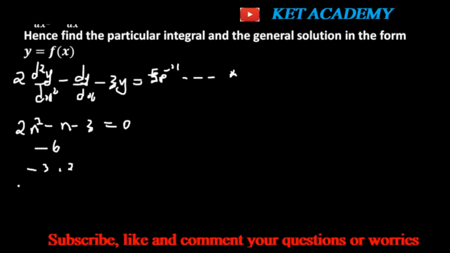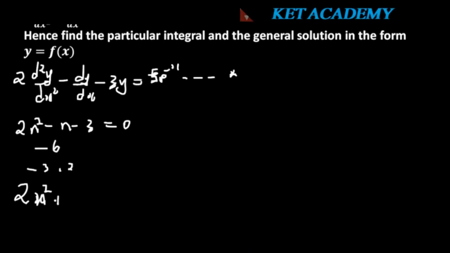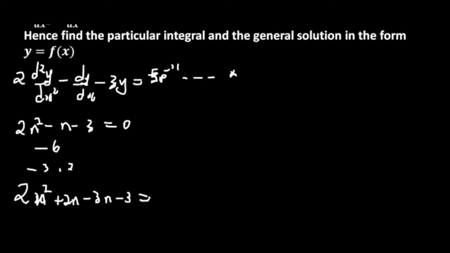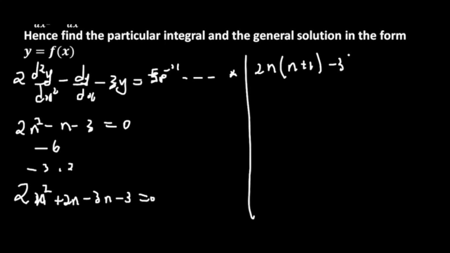So we're going to have 2n squared plus 2n minus 3n minus 3 equals 0. We factor out 2n, so that we're left with n plus 1, and we factor out minus 3, so that we're left with n plus 1.